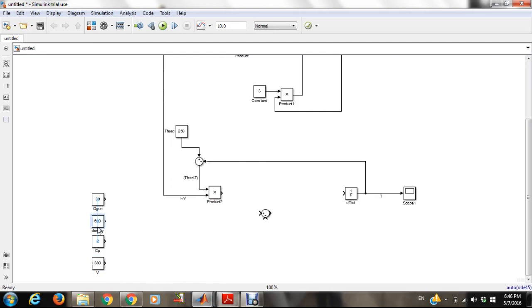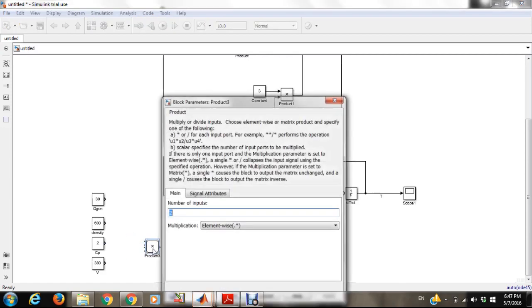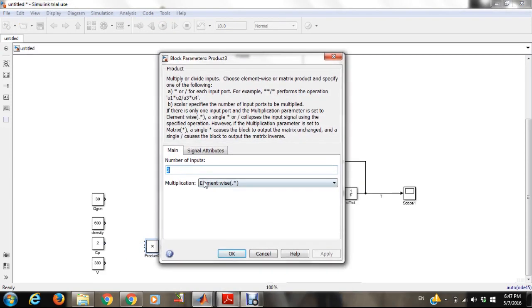So now we're going to need to multiply these three variables, density and Cp and the volume. So I'm going to create a new product block over here. The product block has 2 inlets, but we're going to need 3 inlets, so I'm going to change the number of inputs to 3.